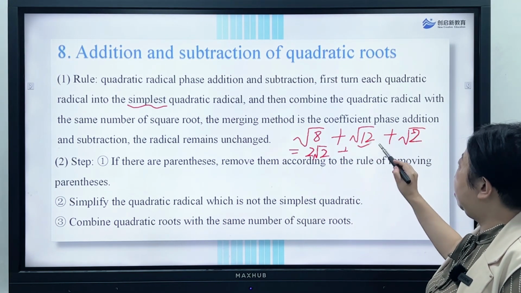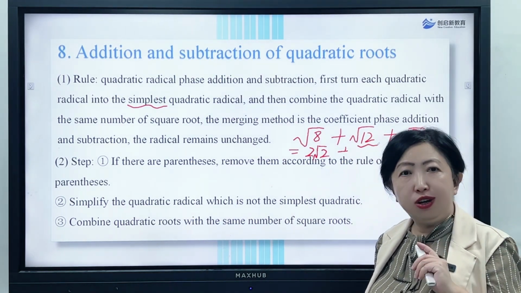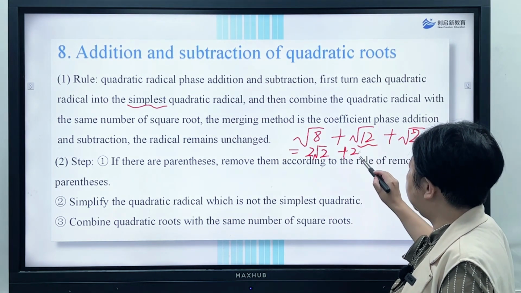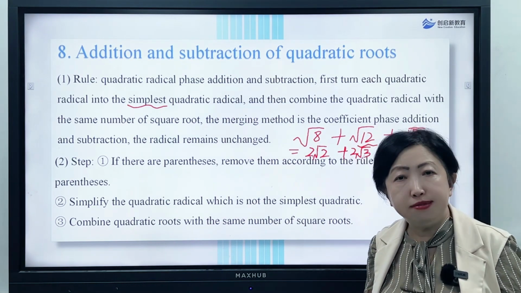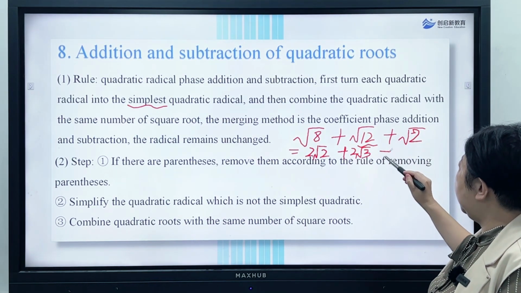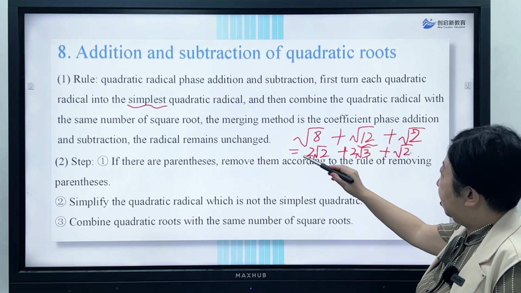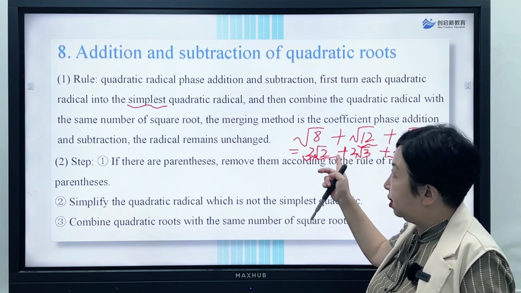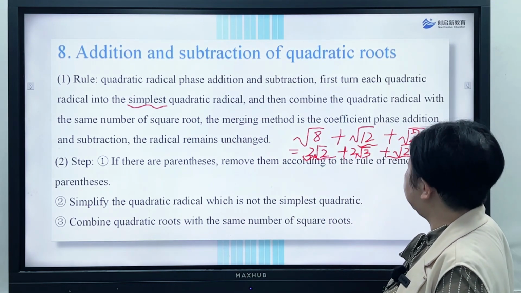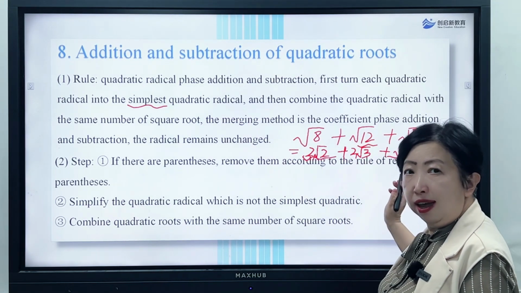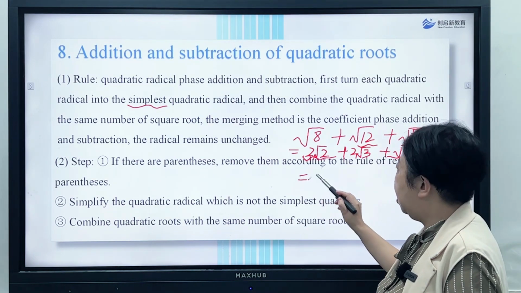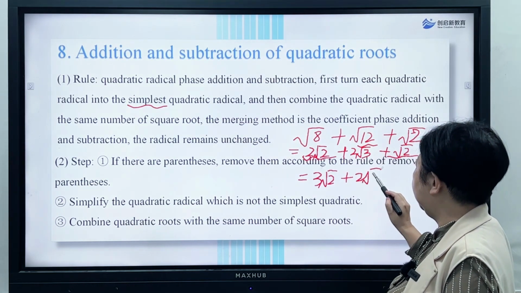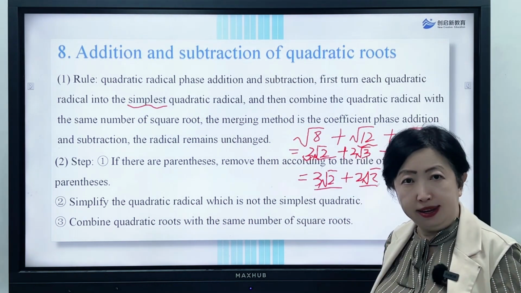And 12 equals 2 times 2 times 3, so we can write it as 2 times the root of 3. And here, the root of 2 is already the simplest quadratic radical, so we can add them. Here is 3 times the root of 2, and we can add it to the root of 3.